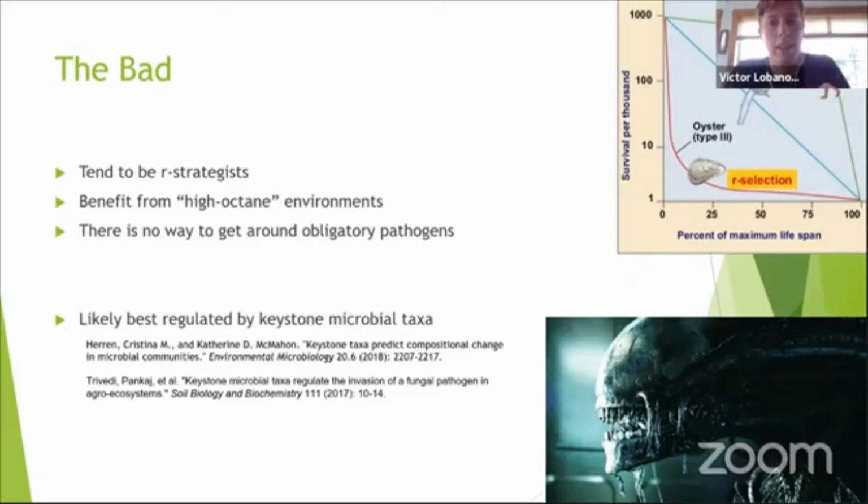And once they get that niche, they do everything to keep that environment suitable for them. And that usually and pretty much always comes at the cost of the community as a whole. So once they are established, they will actively try to proliferate and take over. And really, you can't negotiate with them. So if you're an obligatory pathogen, your cards are pretty clear.